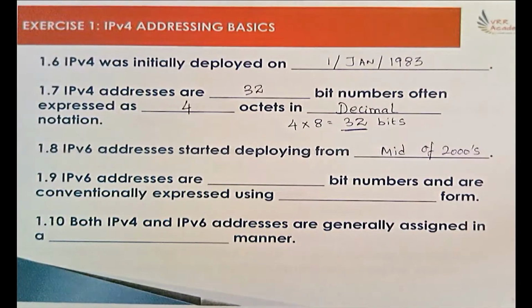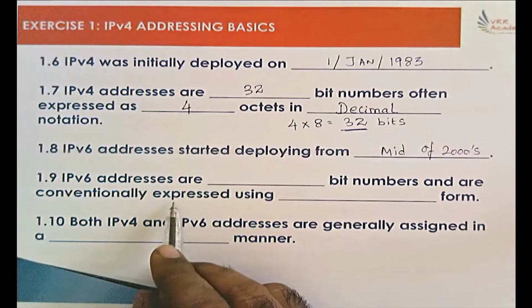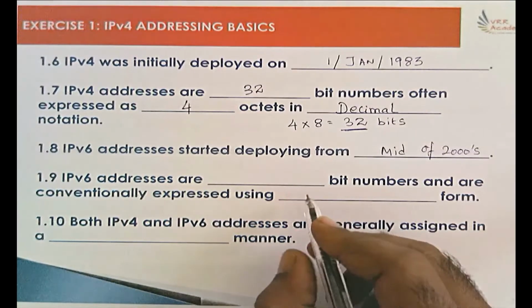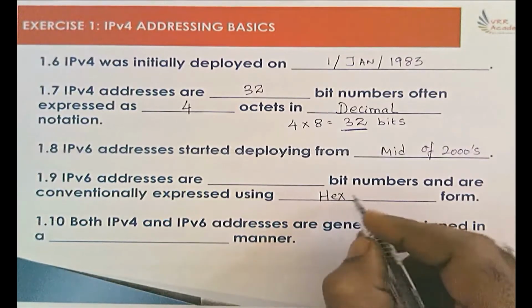Then the ninth question is: IPv6 addresses are dash bit numbers and are conventionally expressed using dash form. IPv6 addresses we are going to express in the form of hexadecimal. So we are going to follow hexadecimal notation.